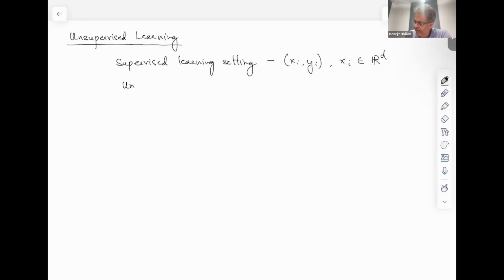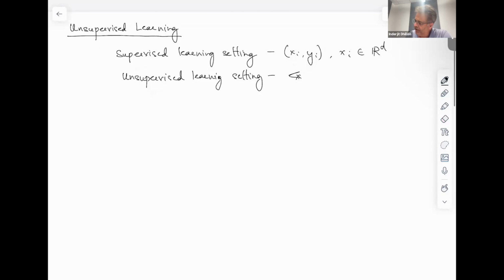In the unsupervised setting, we just have the xi's. We don't actually have any labels, and they belong to R^d. So basically, there are no labels over here.